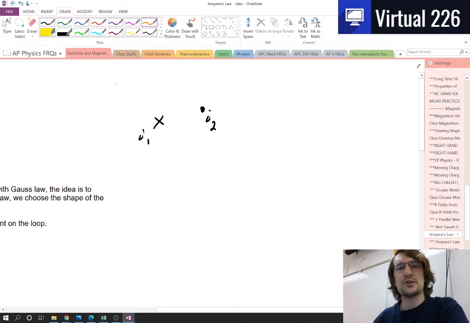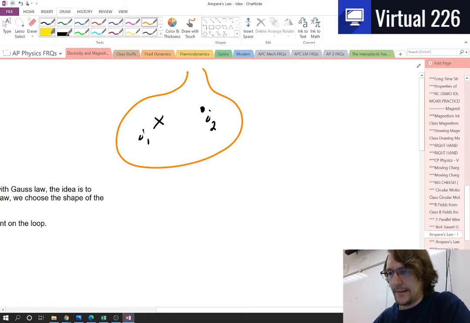I'm going to create an Amperian loop. All an Amperian loop is is some closed loop around these two currents. It does not matter the shape of the loop, only that it does not have any points to it, because that messes up calculus. So it's a smooth, closed loop.